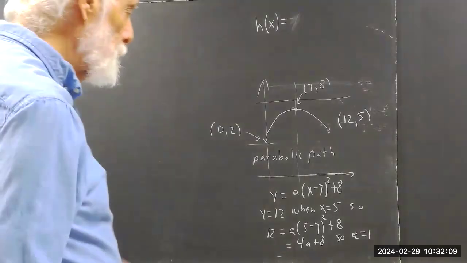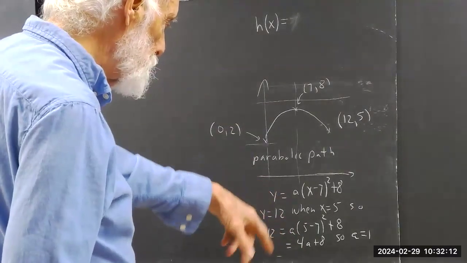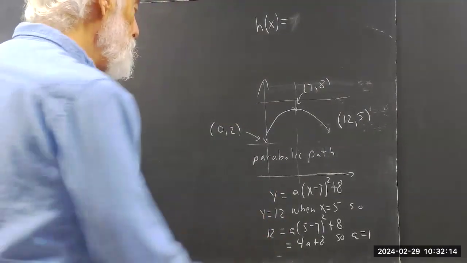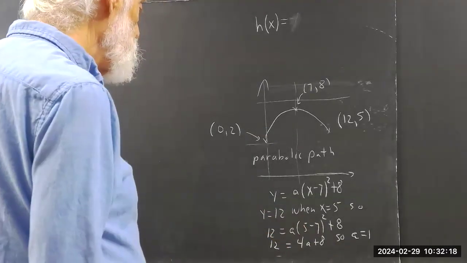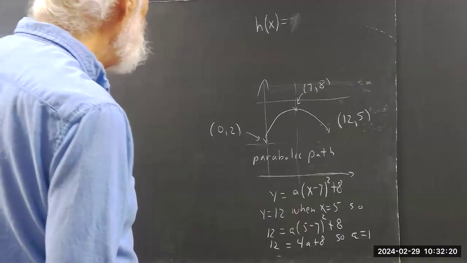Well, we solve that for a, we get a equals 1. I'm not going to write out the details, but it's pretty easy. Solve the equation 12 equals 4a plus 8, and we do get a equals 1.